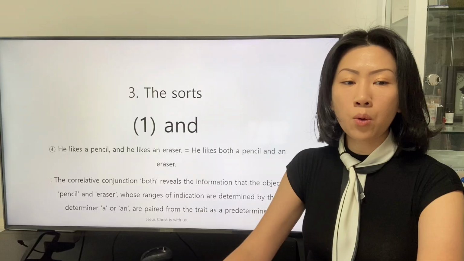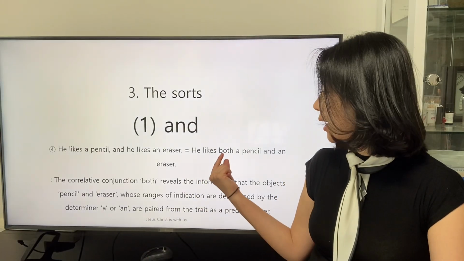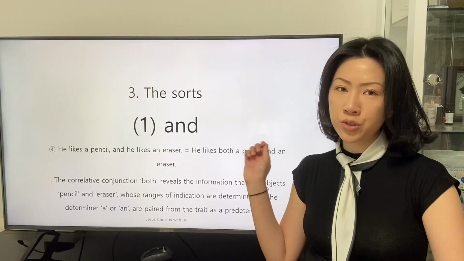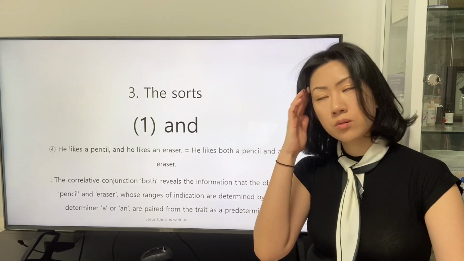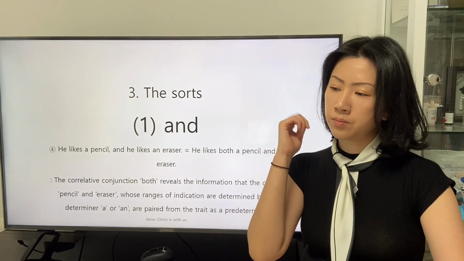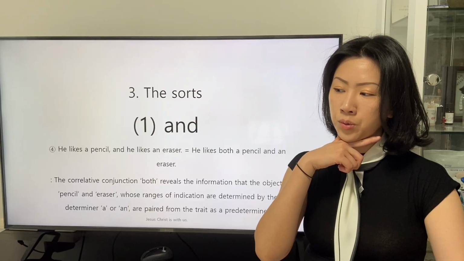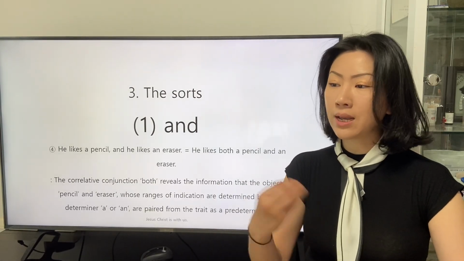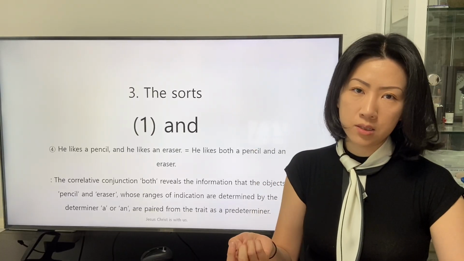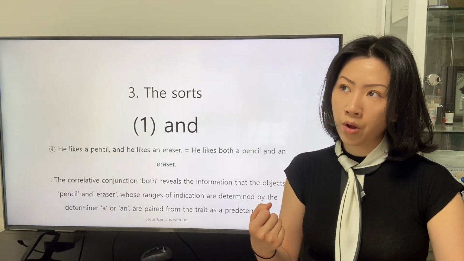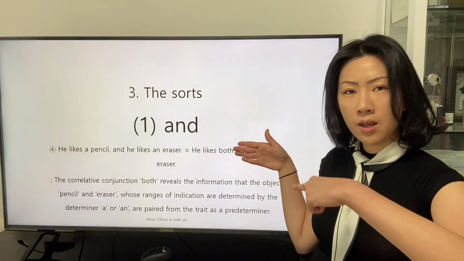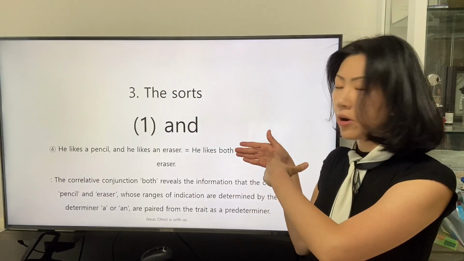We can say that the correlative conjunction both has the role as the predeterminer and allows us to anticipate what kind of the objects are going to be stated after we hear the statement until the part both.